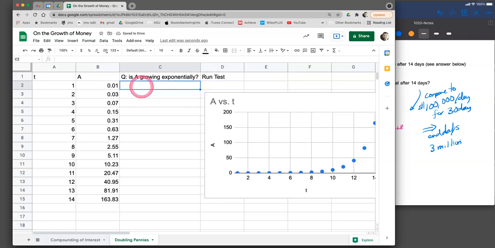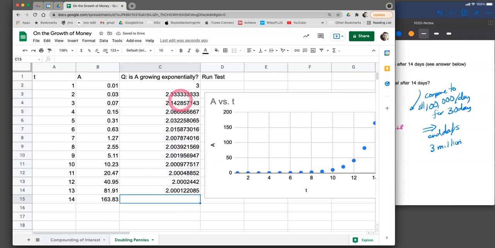One could look at the ratio of consecutive values of the amount of money in the account. Here's the ratio. On the next day, we would compute a ratio of the next day's value to this day's value. And look at what happens over time.